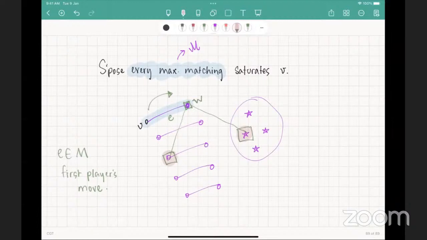Then notice that the first player essentially can respond by taking up the other.